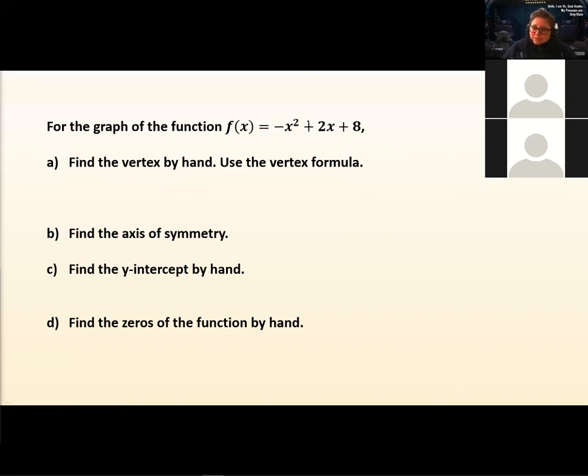So if you're asked to do it by hand and you have to use the vertex formula to find the vertex of a quadratic, let me write down the vertex formula. Does anyone here remember the vertex formula? How you'd find x?